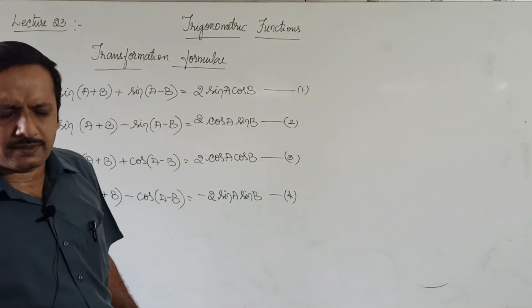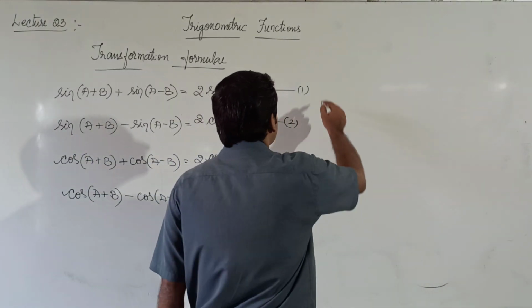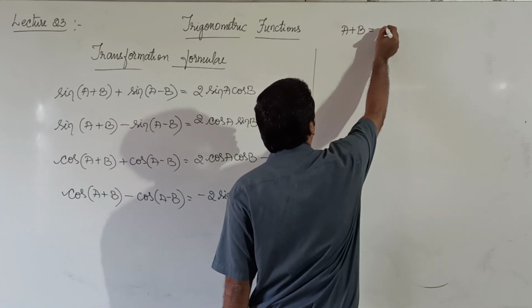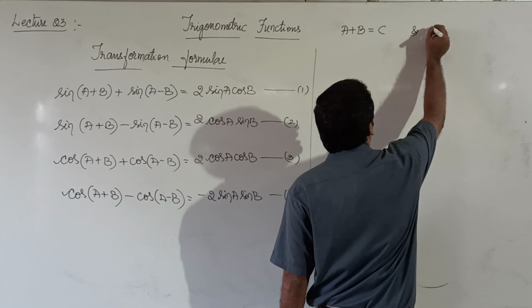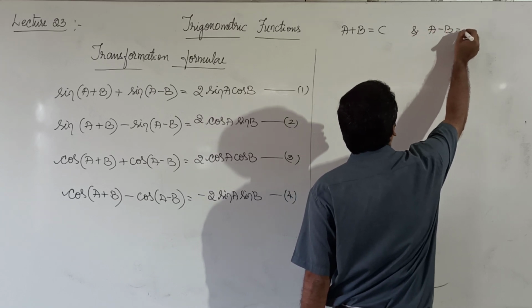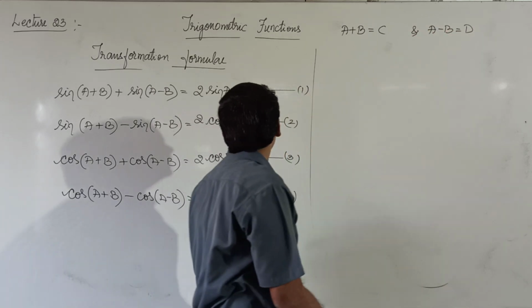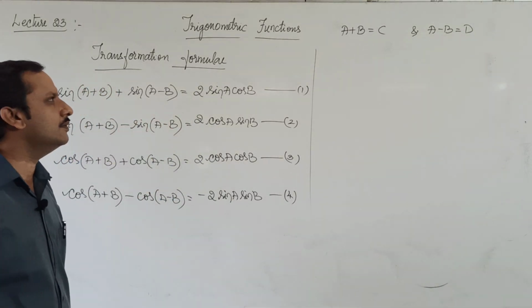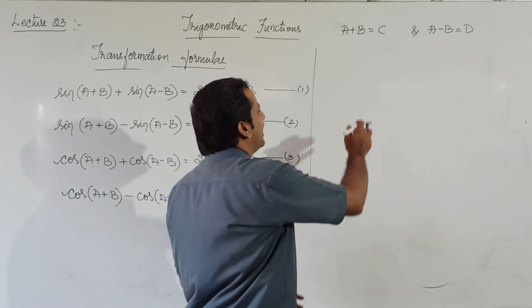Now what I do is, in these equations, let us make a substitution. Let us say a+b is equal to c and a-b is equal to d. Then I add these.